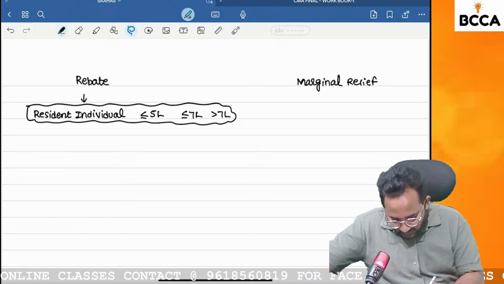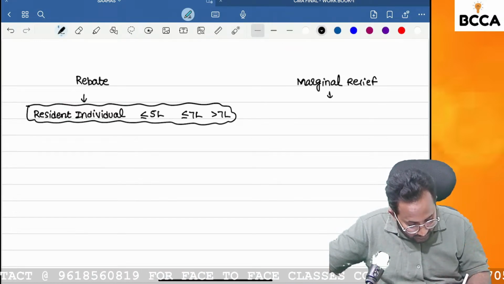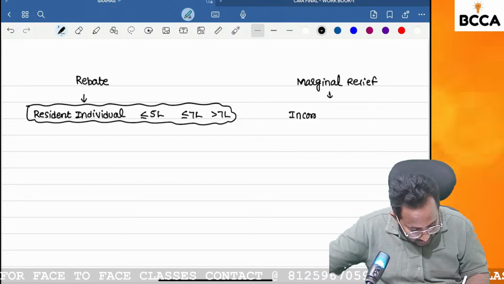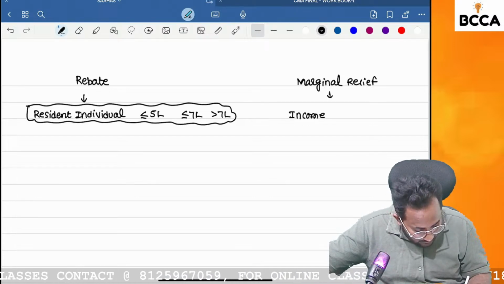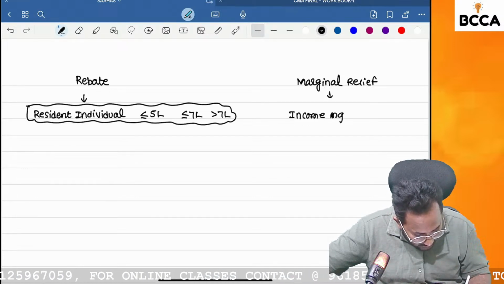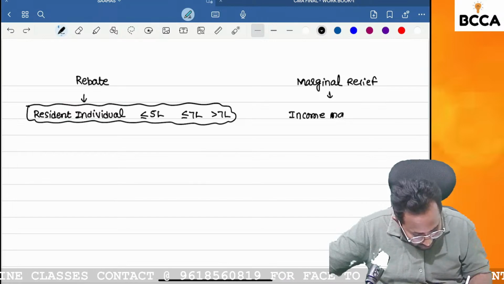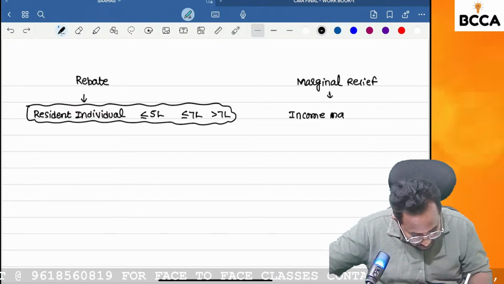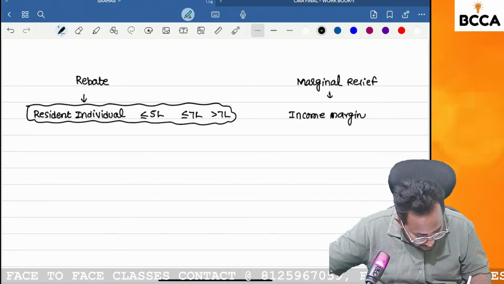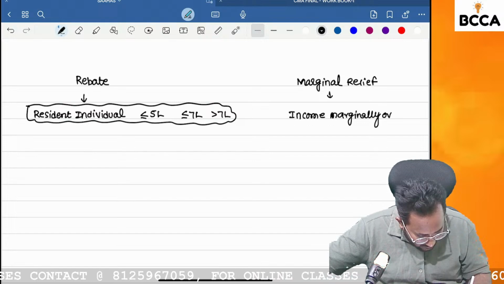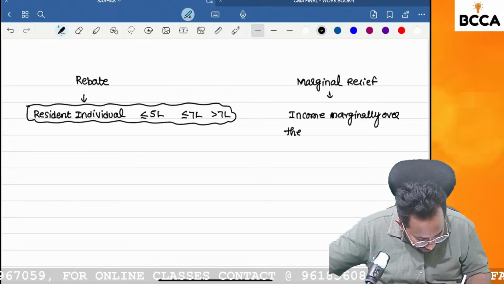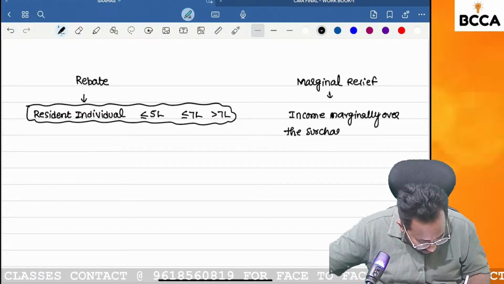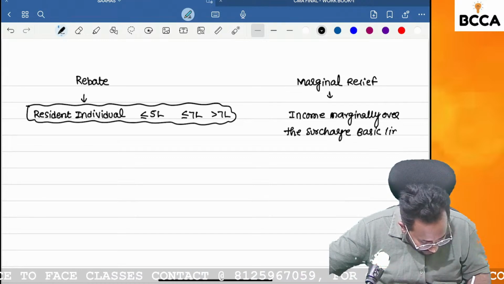Okay, in this situation, if your income is marginally over the surcharge basic limit, marginally over the what, surcharge basic limit, then only you will get what?